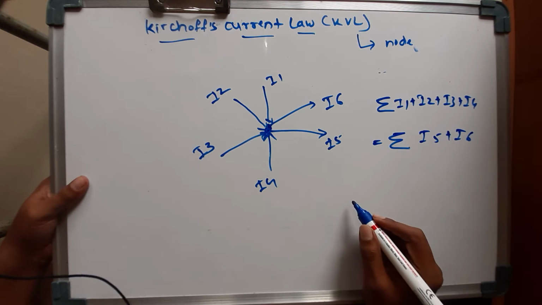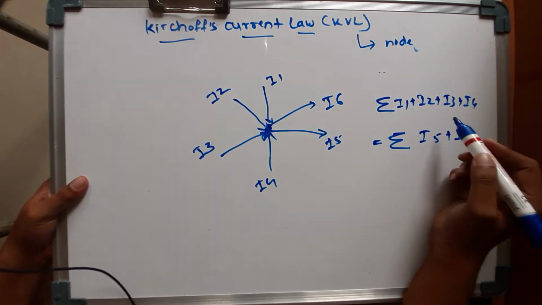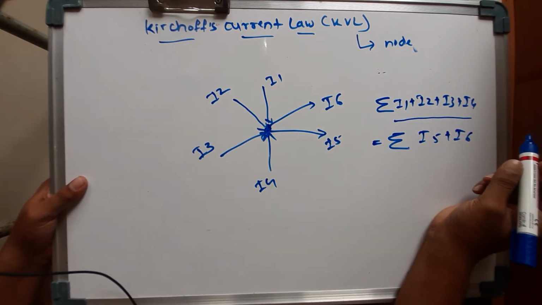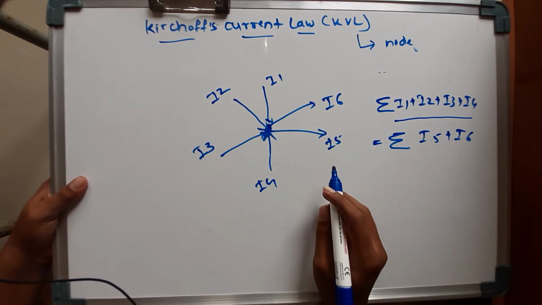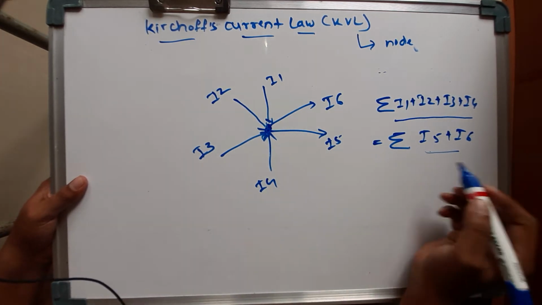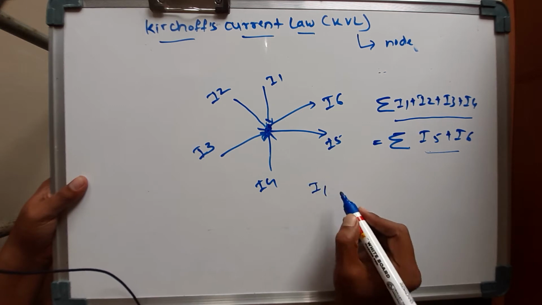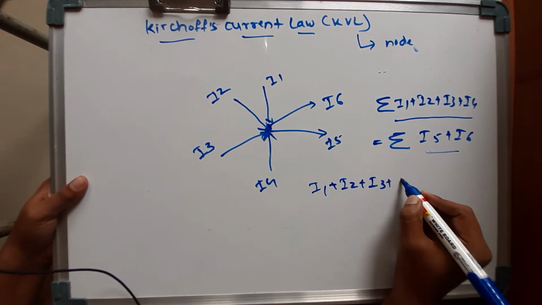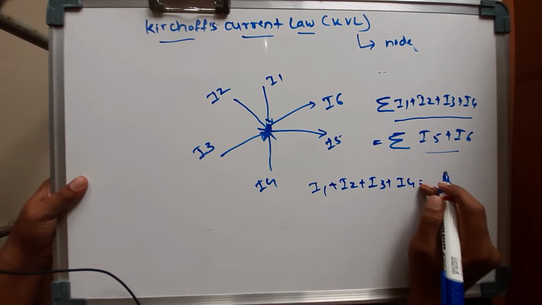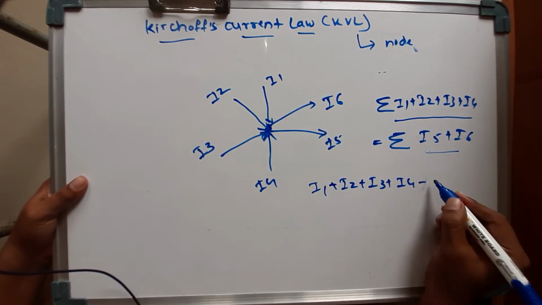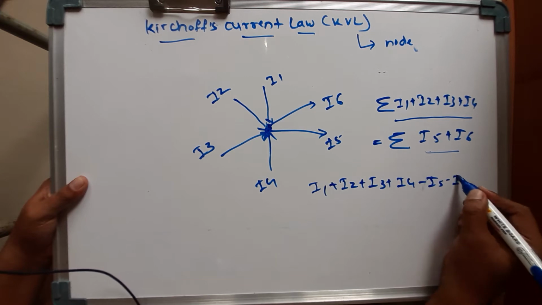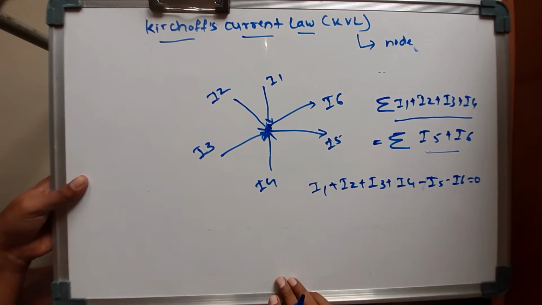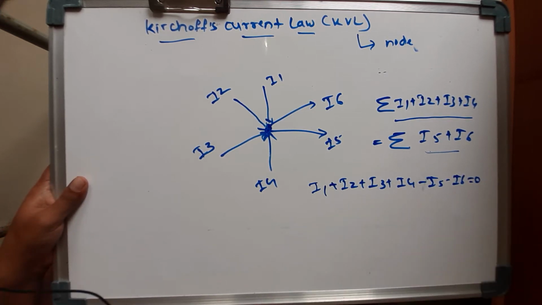These are the positive currents because they are entering towards the node, and these are the negative currents. So I will make this one statement: I1 plus I2 plus I3 plus I4 minus I5 minus I6 equal to 0. So this will be the equation.